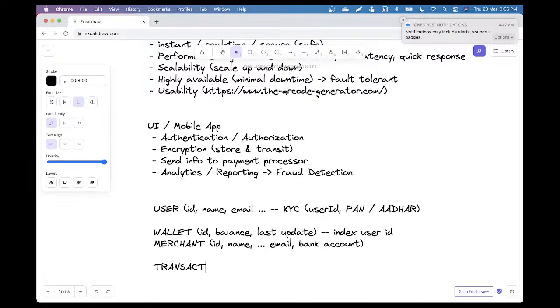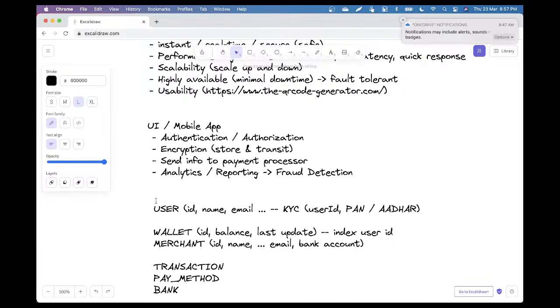Then you will have a record of transaction history, and then you will also have various payment methods which will be supported, right? And then you will have to keep details of various banks which will be integrated with the payment gateway.